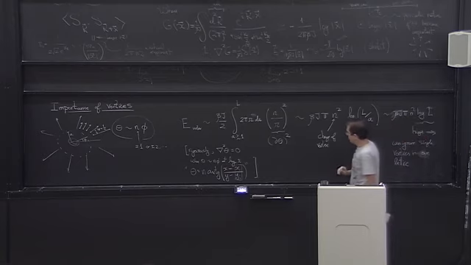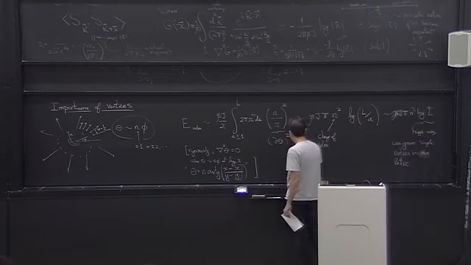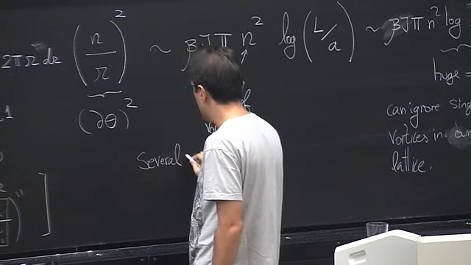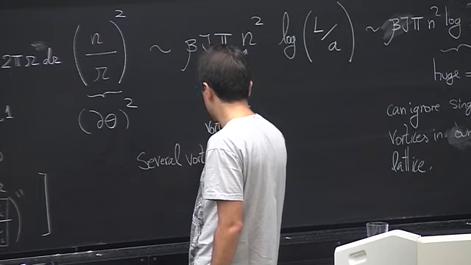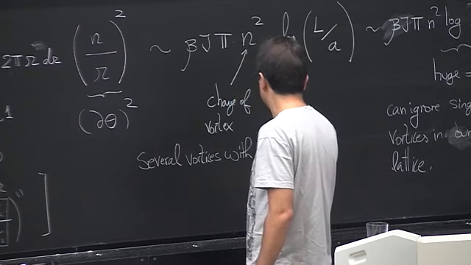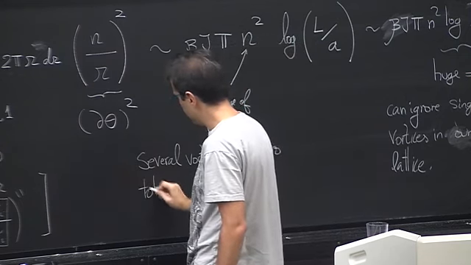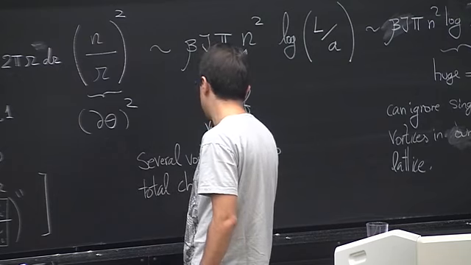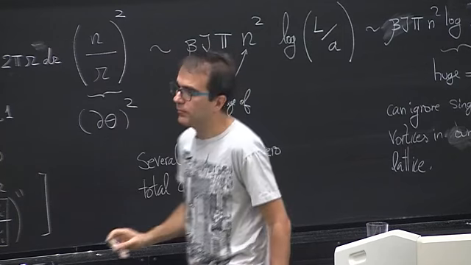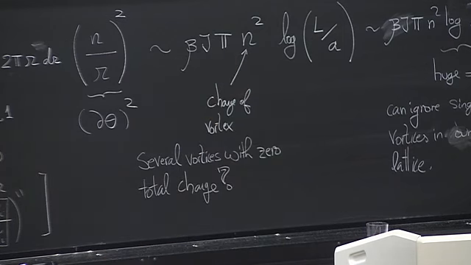But the point is, what if we can have several vortices with zero total charge? And indeed, you could have vortices that have zero total charge.